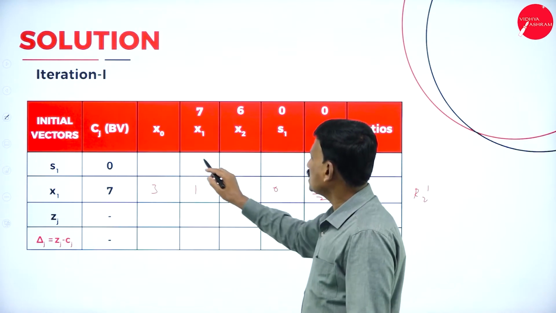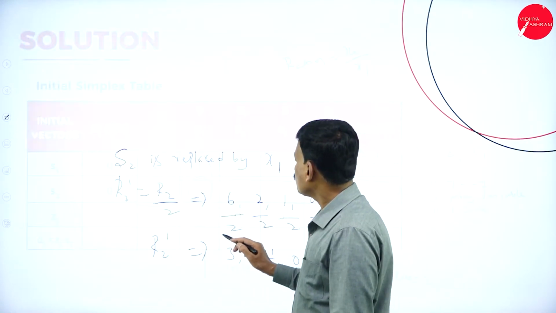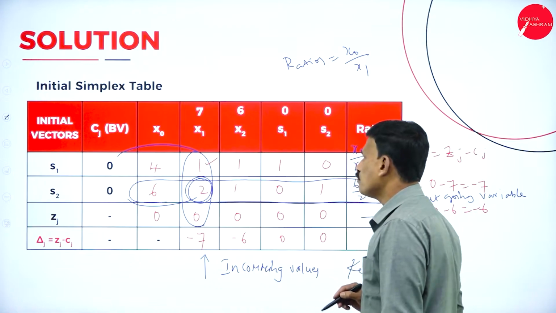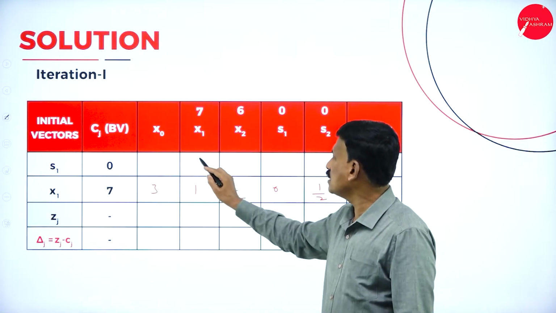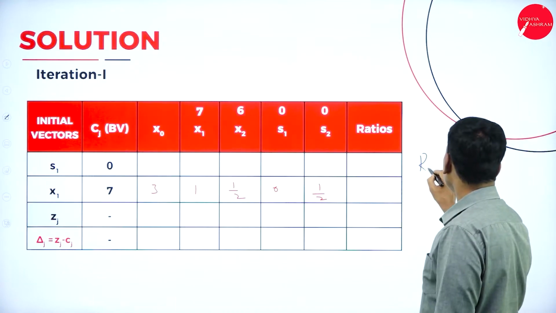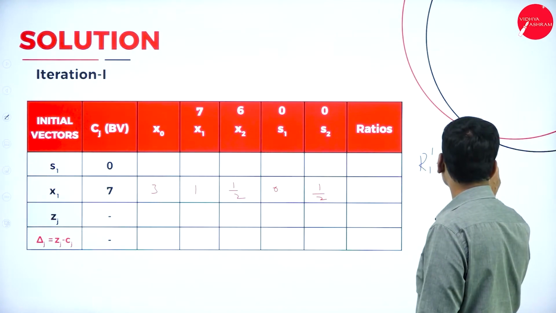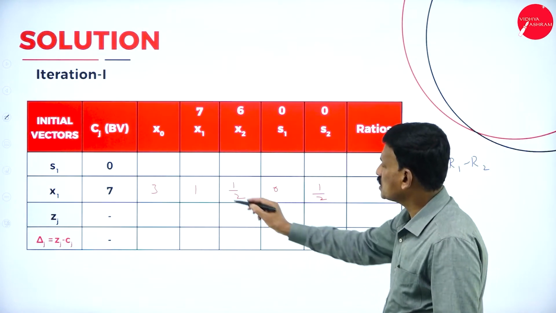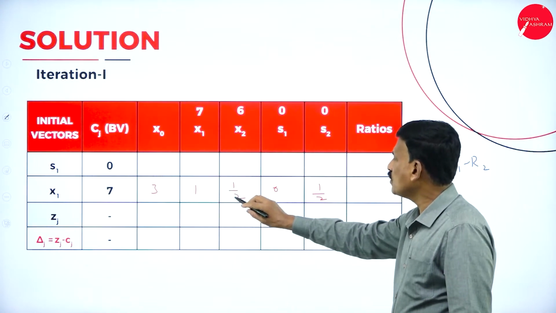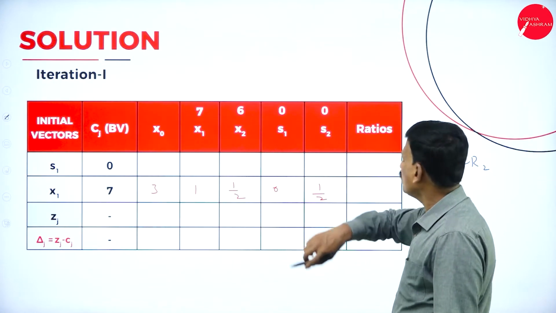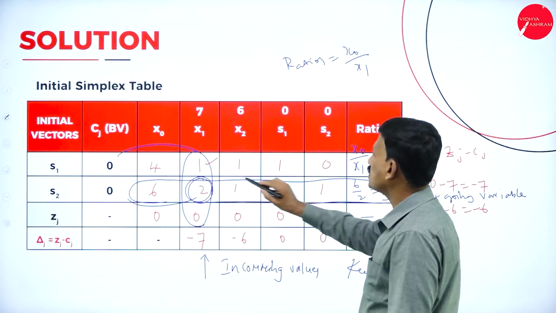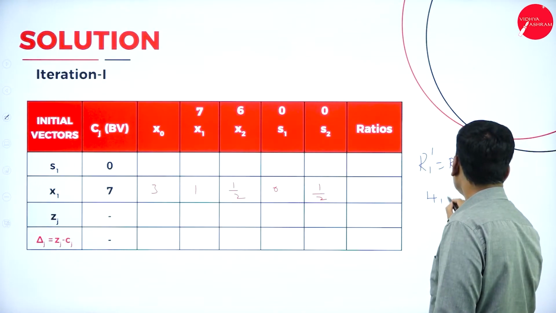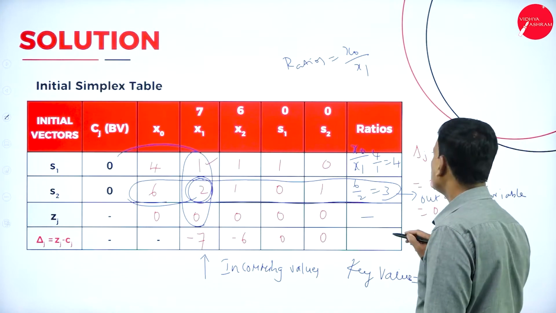Now convert this element as 0 by using the proper elementary row operation. To convert this element as 0 we are going to use the operation R1 dash is equal to R1 minus R2. What are the elements in R2? The new elements are 3, 1, 1 by 2, 0 and 1 by 2, whereas the elements in R1 are 4, 1, 1, 1, 0.